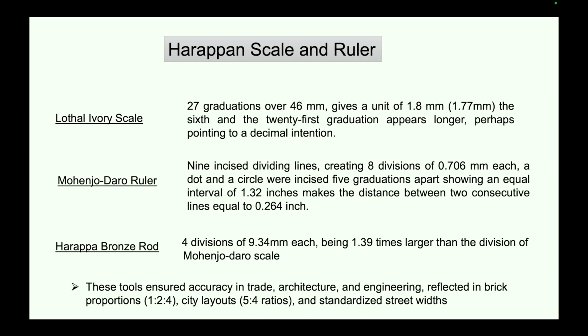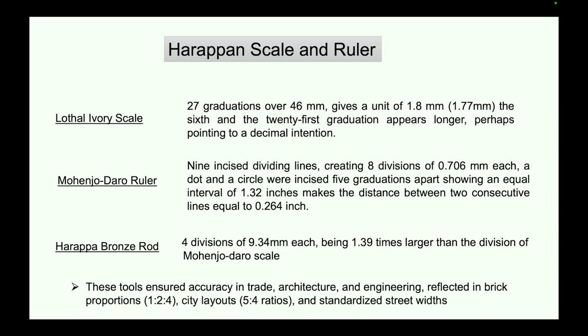Harappan bronze rod: it is divided into four divisions of 9.34 mm each, being 1.39 times larger than the division of the Mohenjo-daro scale. It is again made on the basis of their requirement and demand.